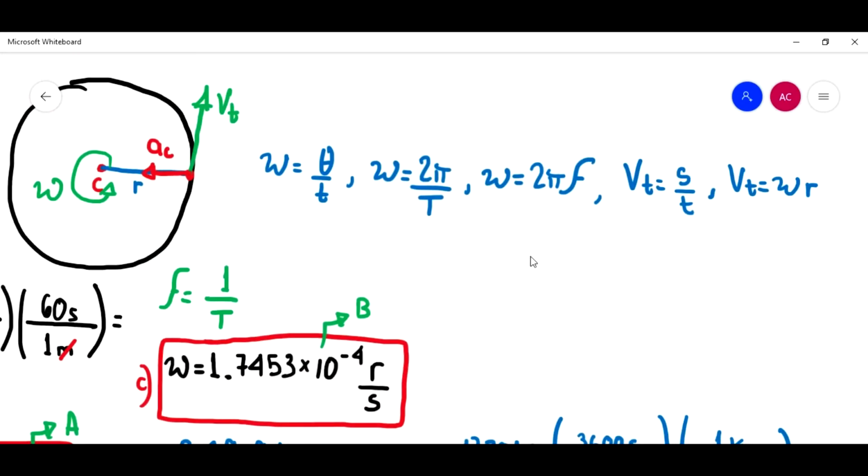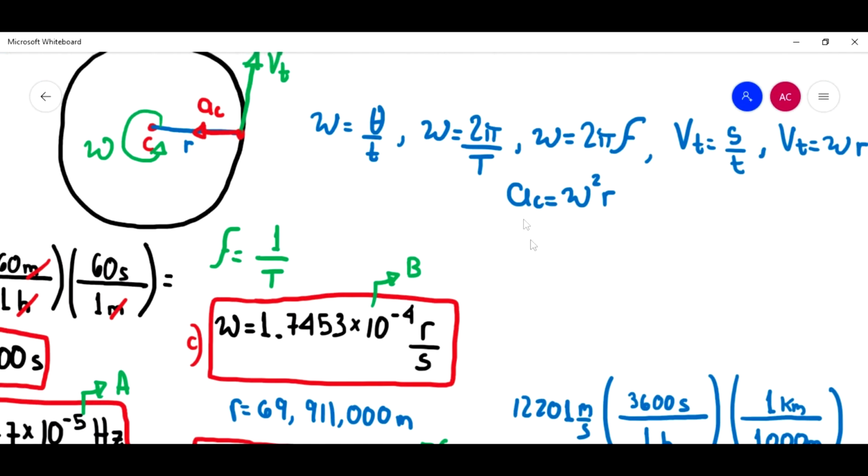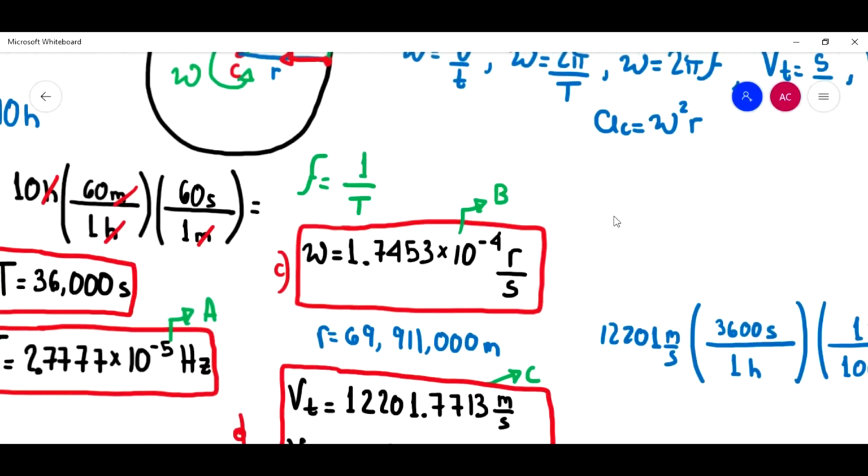So let's remember the equation for centripetal acceleration is angular velocity squared times the radius. The radius in meters, because the units of centripetal acceleration are meters per second squared. So let's do it.